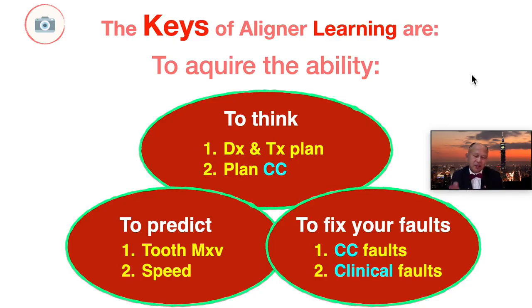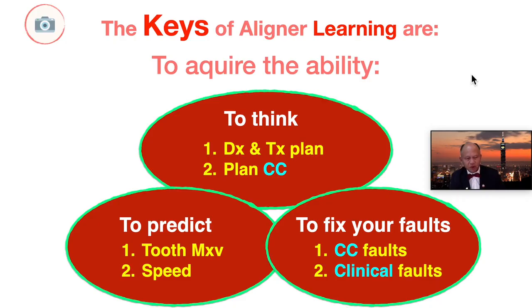Finally, even if you have a meticulous treatment plan and precise ClinCheck plan, sometimes it still goes wrong. So if you find a mistake, how do you fix it? The mistake can be a ClinCheck mistake or a clinical practice mistake, for example, the doctor's skill or the patient simply didn't follow the instructions.